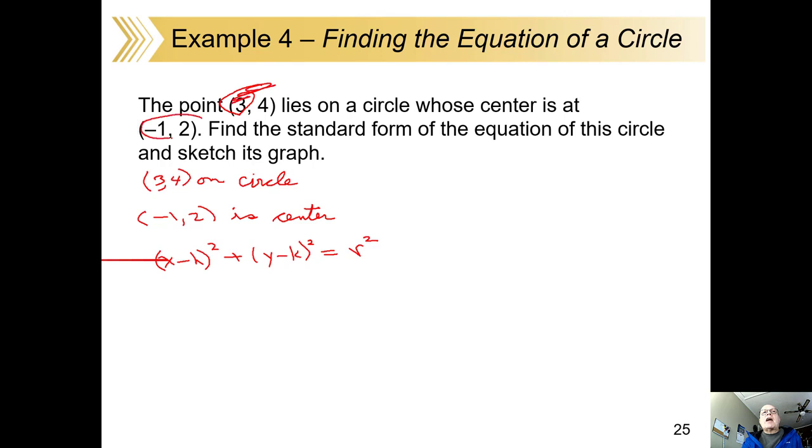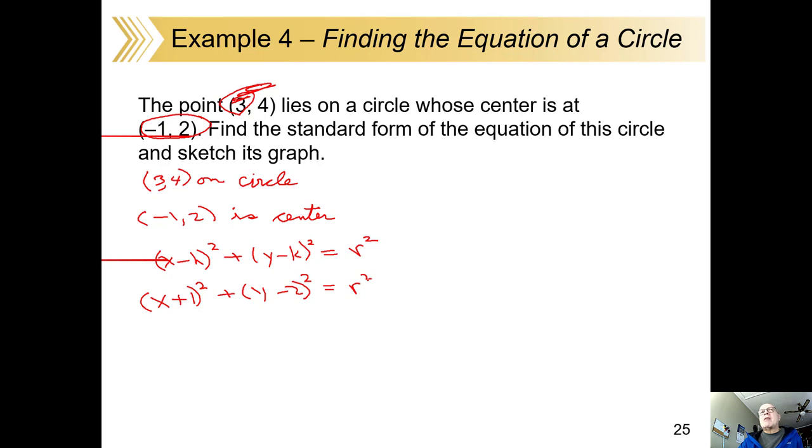We know what h and k are because there's the center. So x minus a -1 will be x plus 1 squared plus y minus 2 squared equals, someone forgot to tell us what the radius was. Oops.